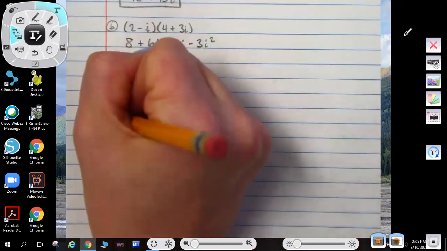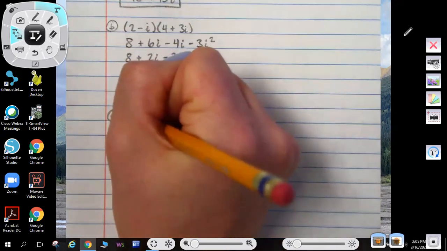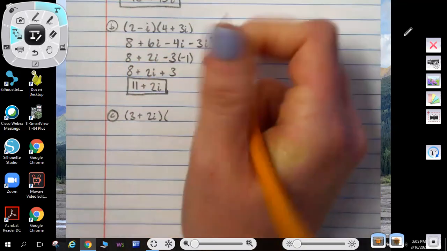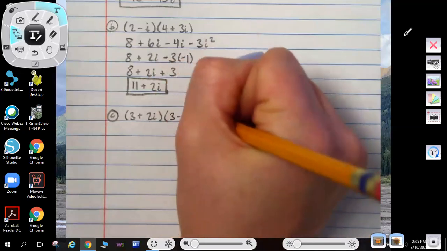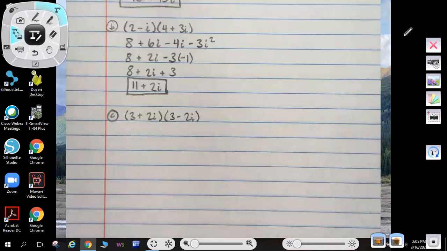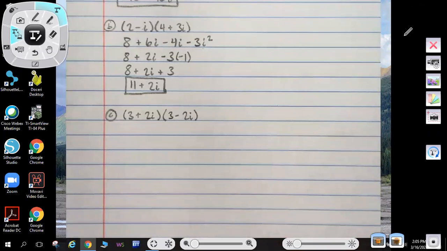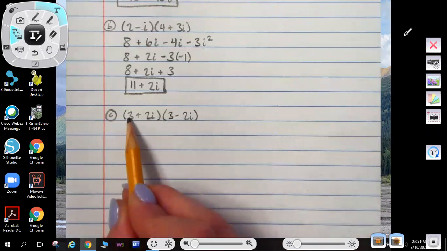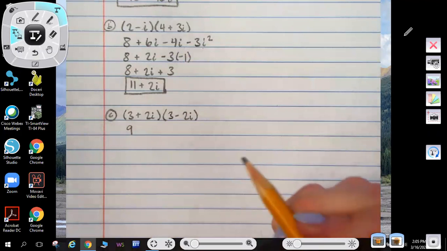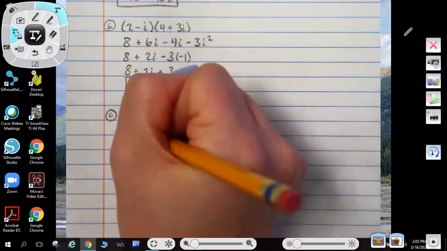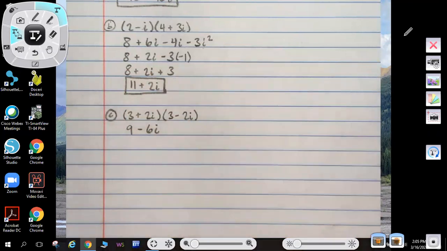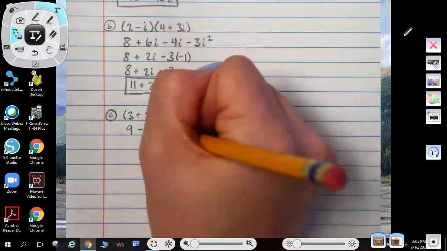All right, part C. Three plus 2i times 3 minus 2i. So we can use FOIL here again to multiply. 3 times 3 is 9. 3 times negative 2i is negative 6i. 2i times 3 is positive 6i.